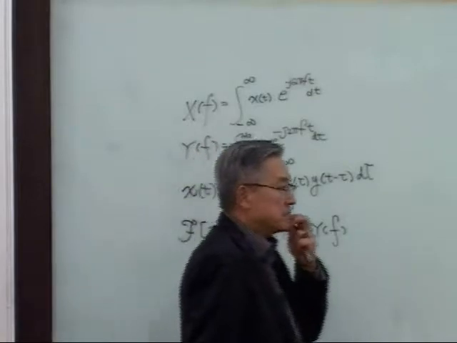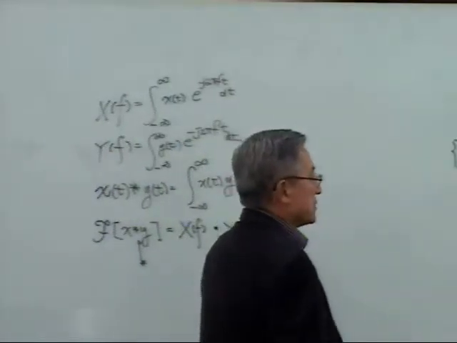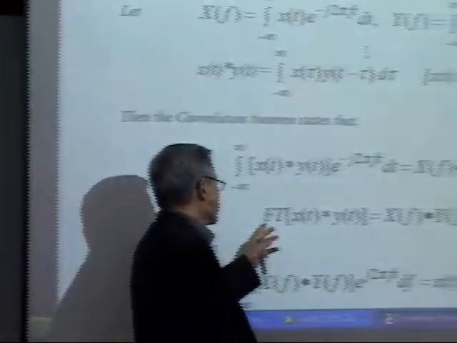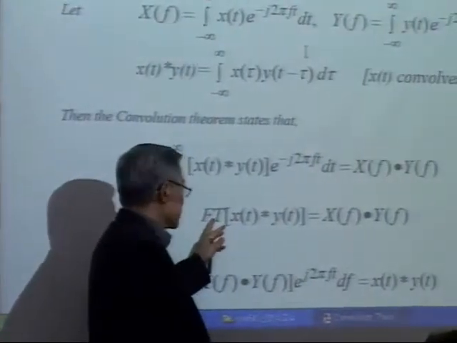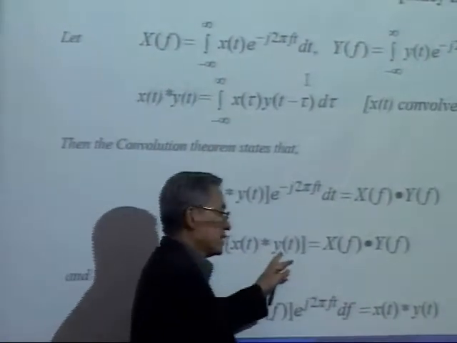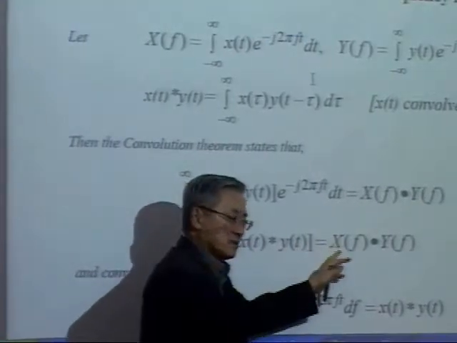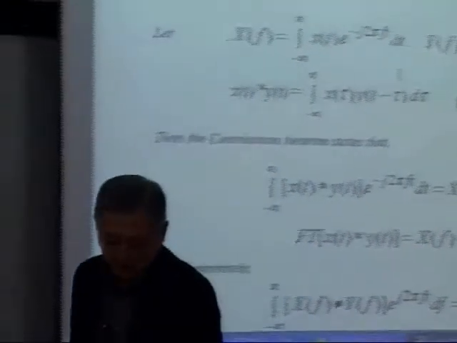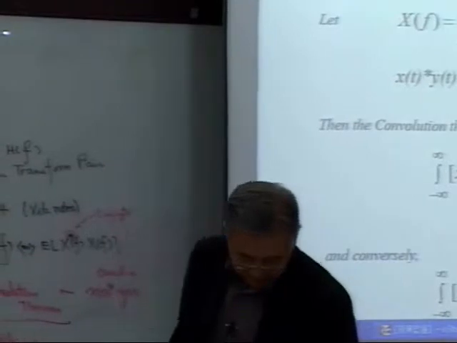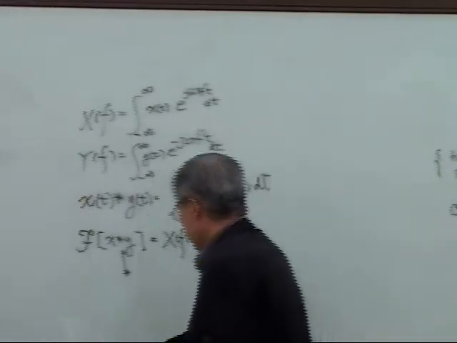That's what you have to really remember. Sometimes I use FT for the Fourier transform of this, which is a multiplication of the other. So in general, what I can write here is this.